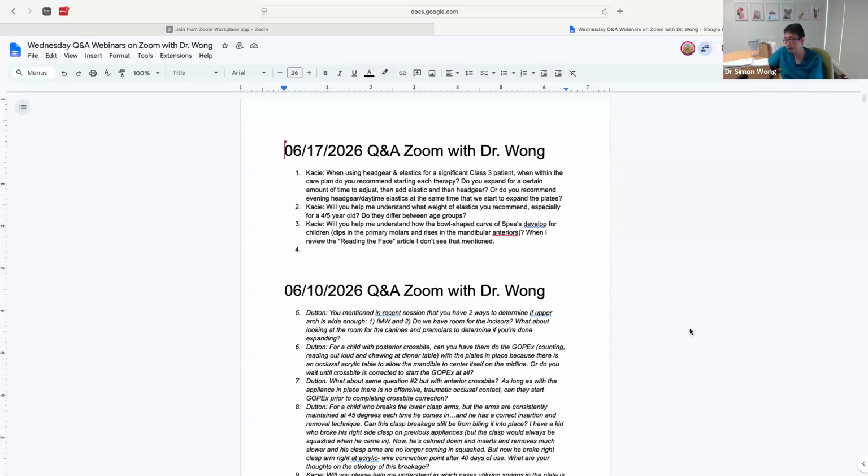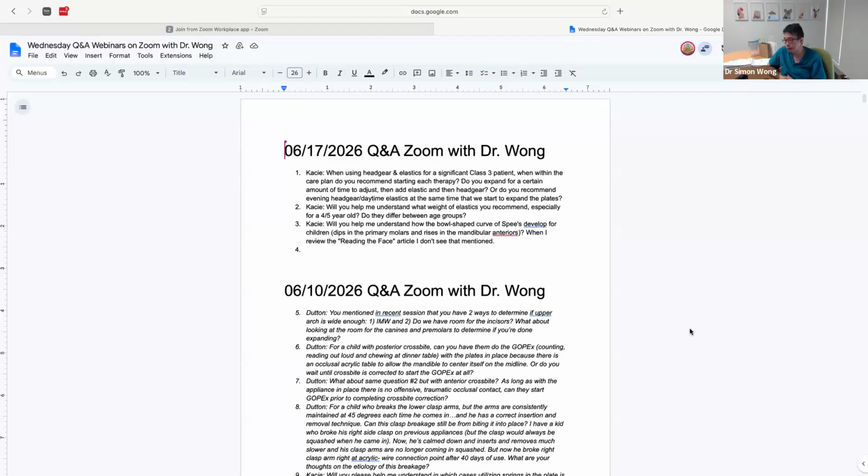So if you're just pulling on the maxilla and you don't want to do too much of the mandible, then you just use the face mask. If you are trying to manage an excessive mandible and insufficient maxilla, then you do both. You do extraoral traction with the headgear and you do interarch elastics.